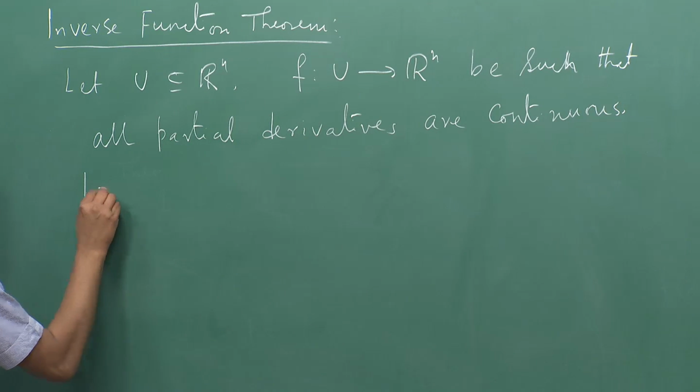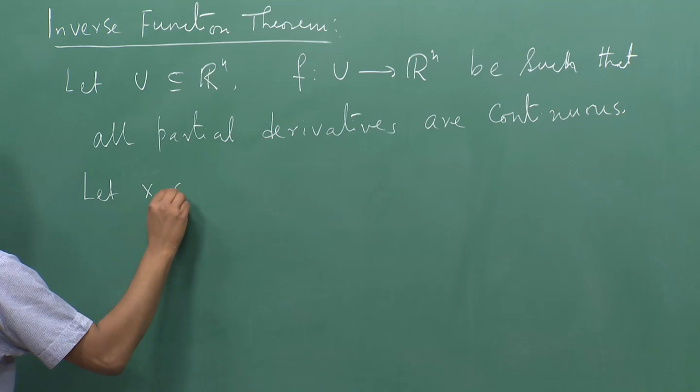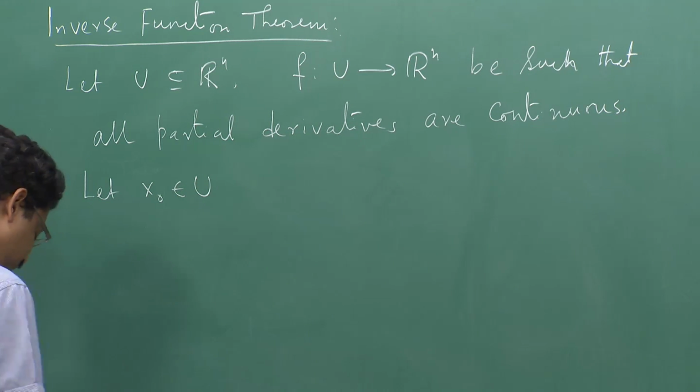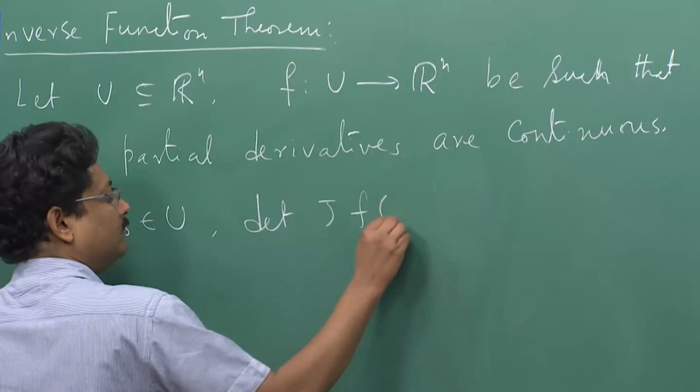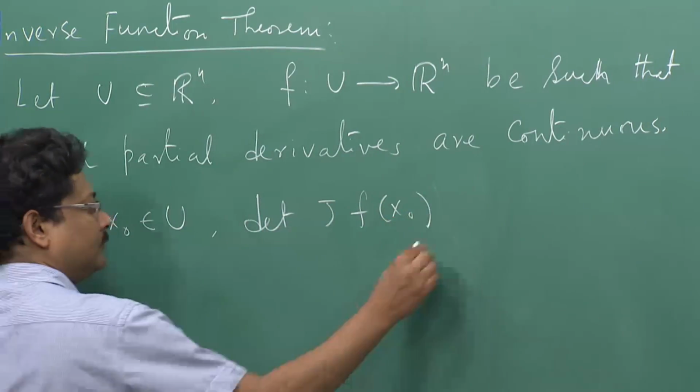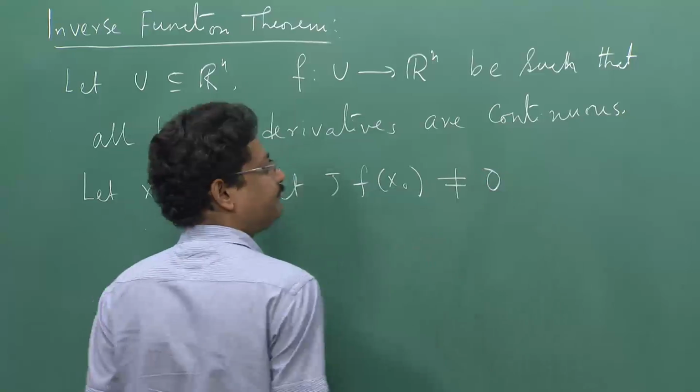So, let x naught be a point in U and determinant of Jf at x naught is not equal to 0.